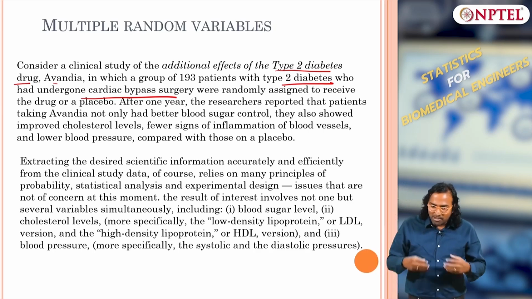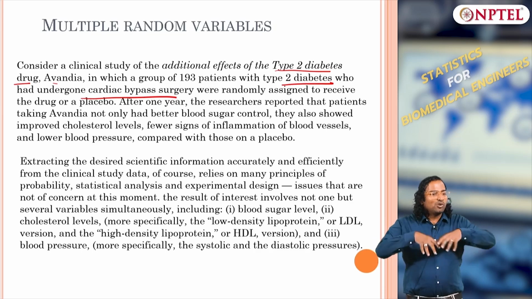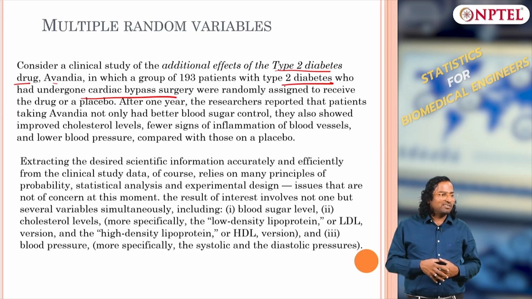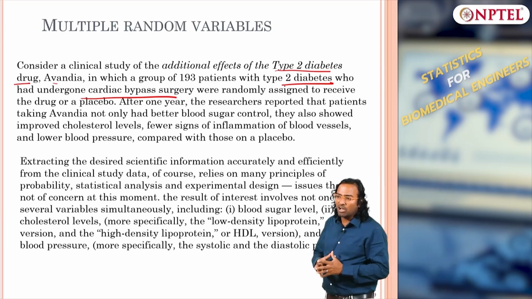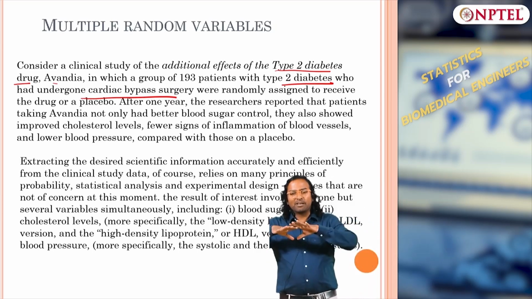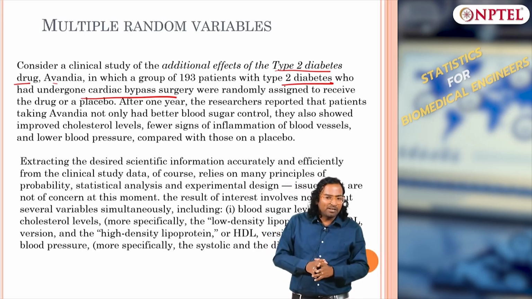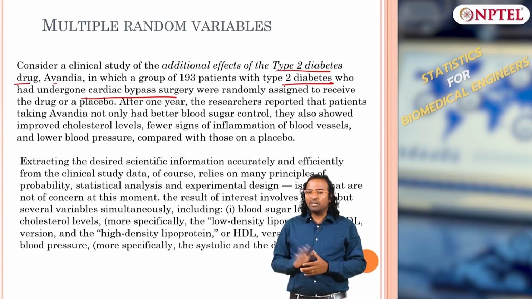People try blocking multiple paths, still cancer cells grow, because there are so many pathways in the body through which cells can grow and live. So that is the problem we are talking about: multiple related random variables. How do I theoretically understand them and start talking about the relationship is what we will talk about from the next class.